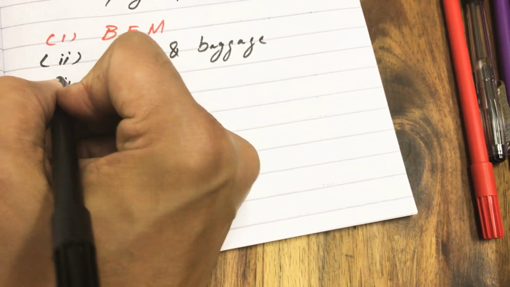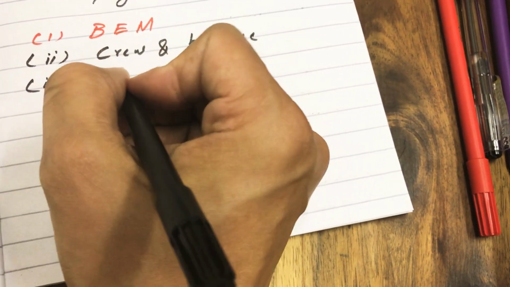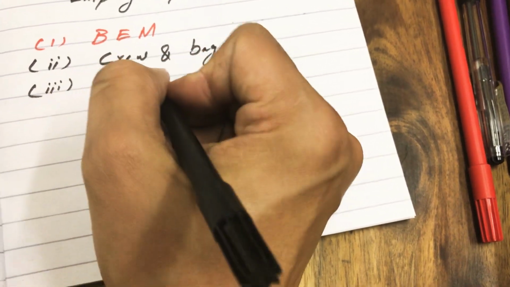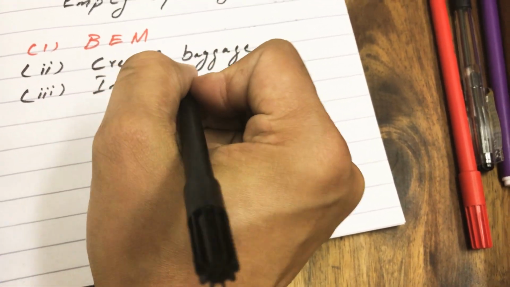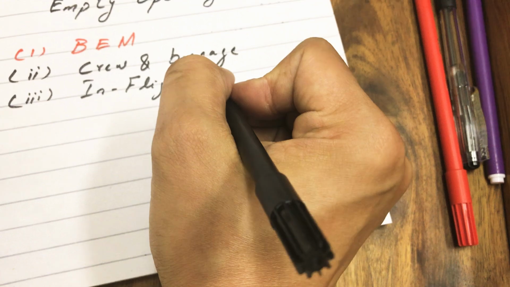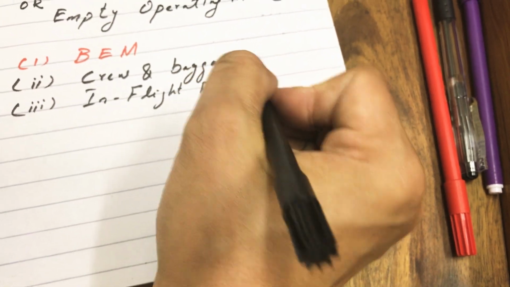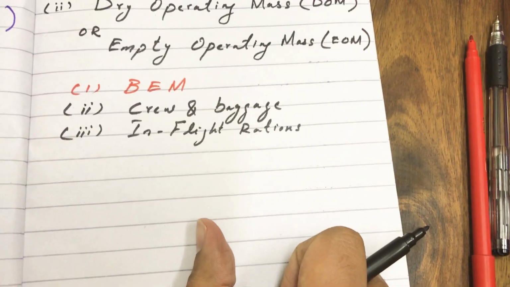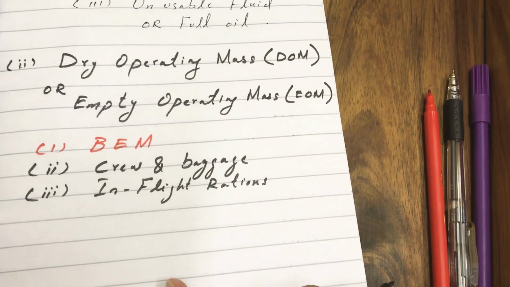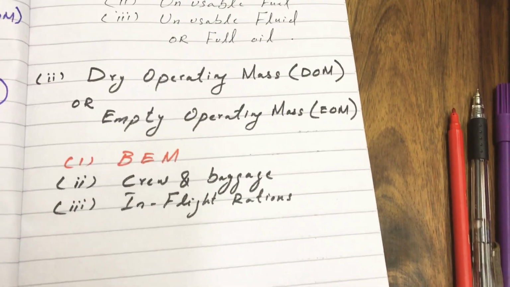It also includes in-flight rations. That's dry operating mass or empty operating mass.